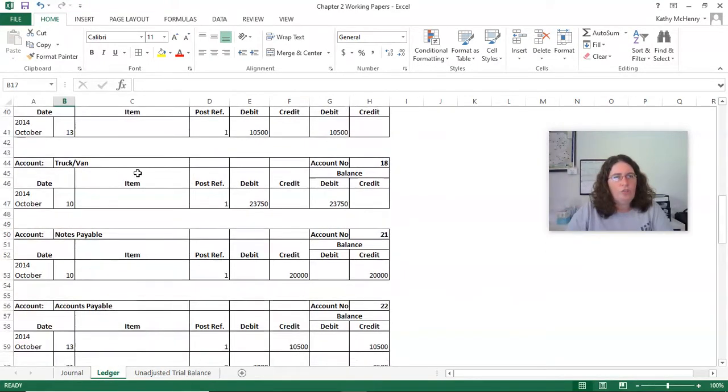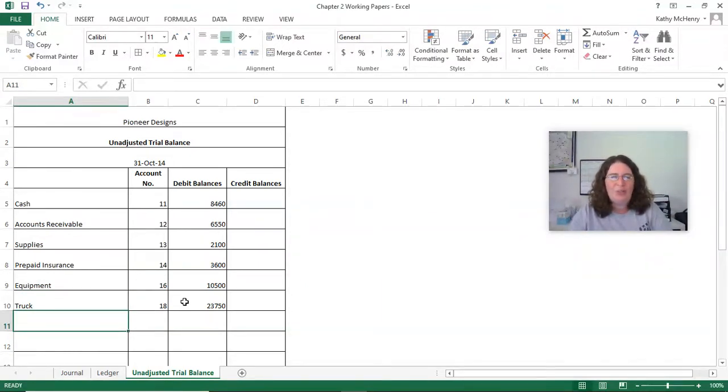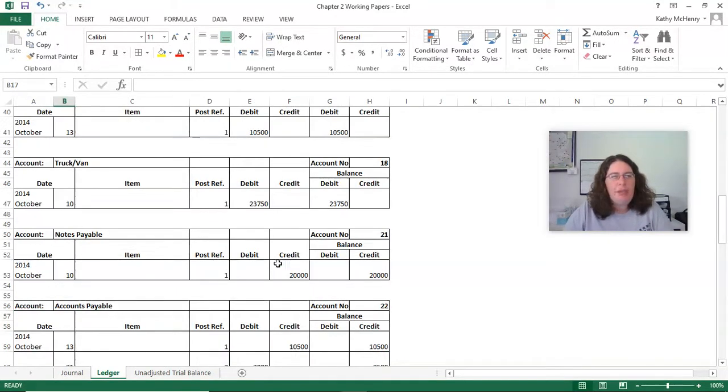Okay. Our truck and van, number 18, $23,750. Sorry, sometimes when those numbers are a little, and here I'm just going to put truck because that's what we're using for this one. When those numbers aren't whole numbers, I forget them a little bit faster than others. Notes payable, 21, 20,000.